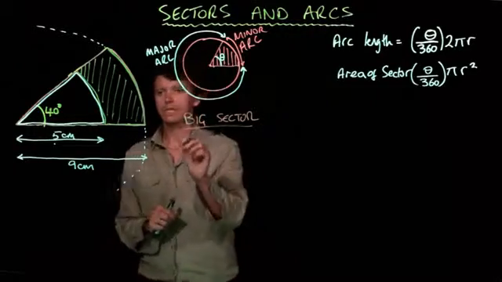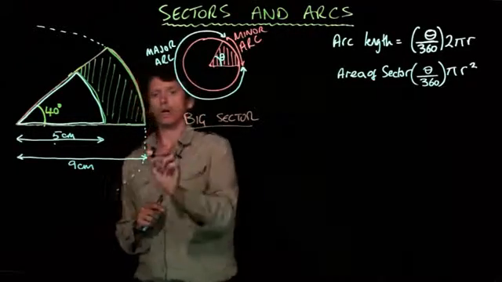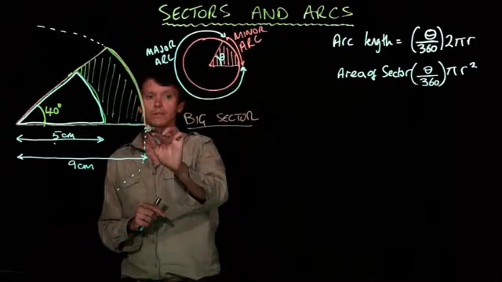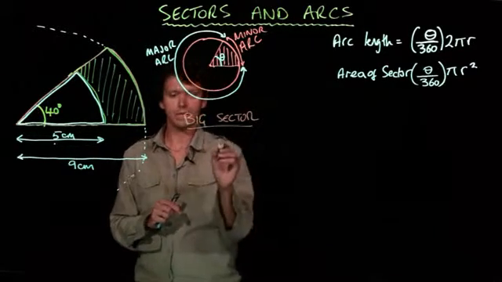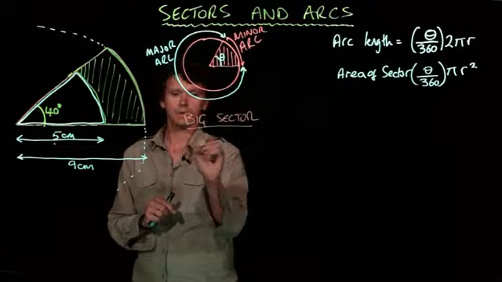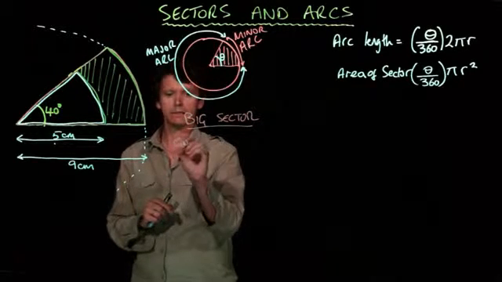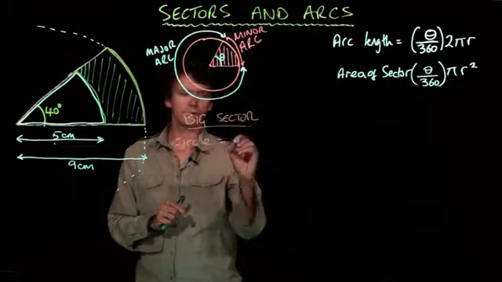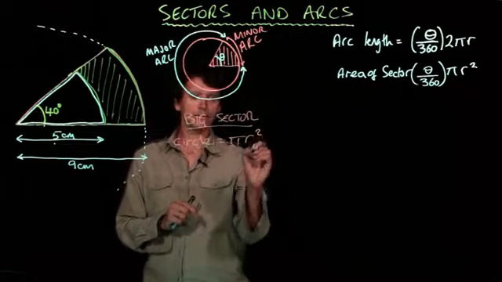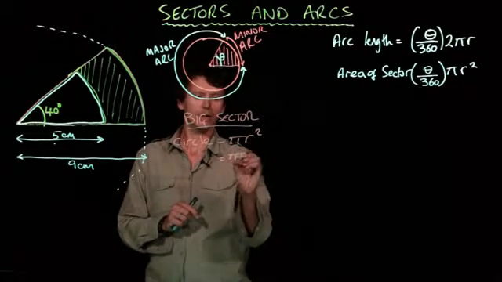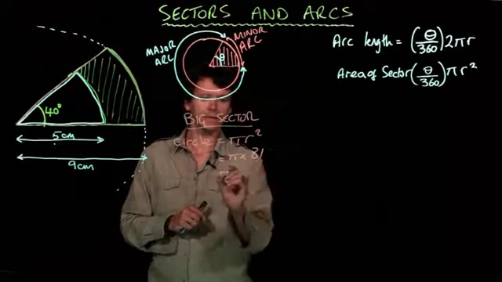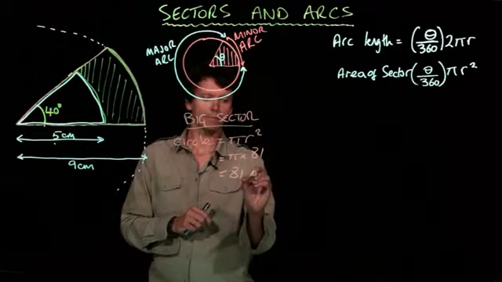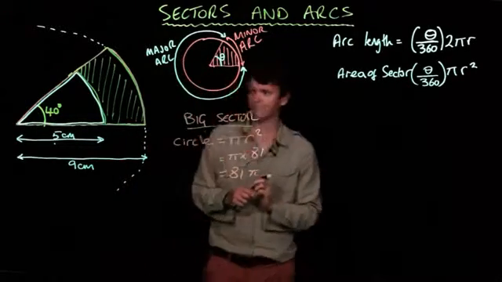Radius is 9, so the area of the whole circle, if we continue that one round, would be pi times 9 squared, pi r squared. So that would be 81 pi. Circle equals pi r squared, which equals pi times r, which is 9, squared is 81. So that equals 81 pi. And I'm going to leave it like that for now.